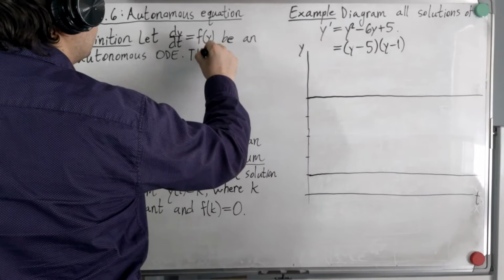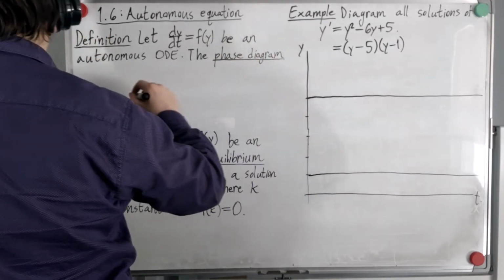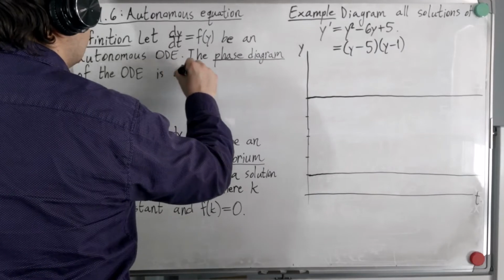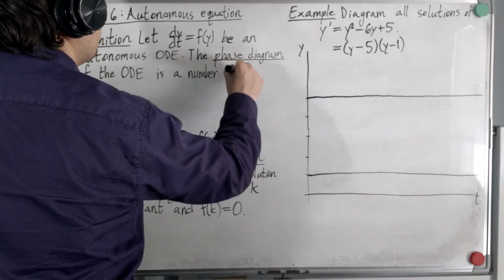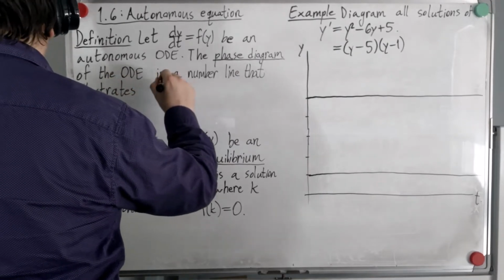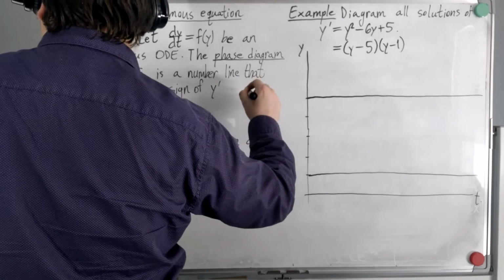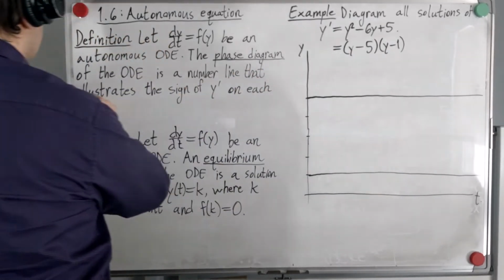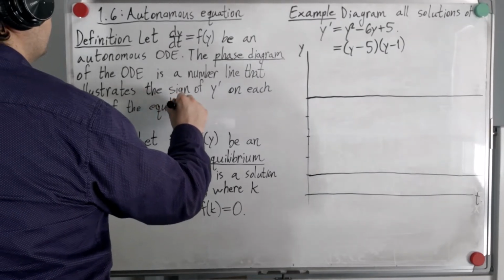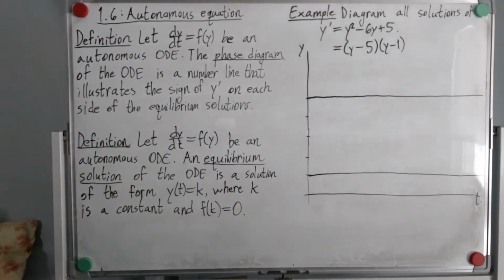The phase diagram of the ODE is a number line that illustrates the sign of y prime on each side of the equilibrium solutions. Okay.